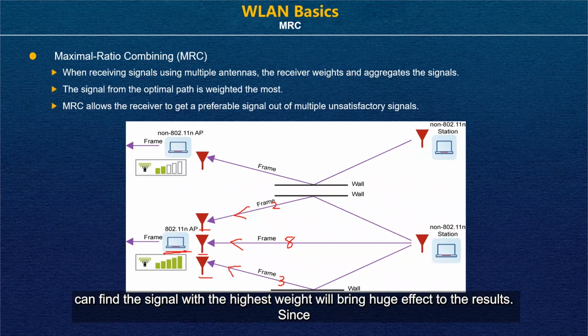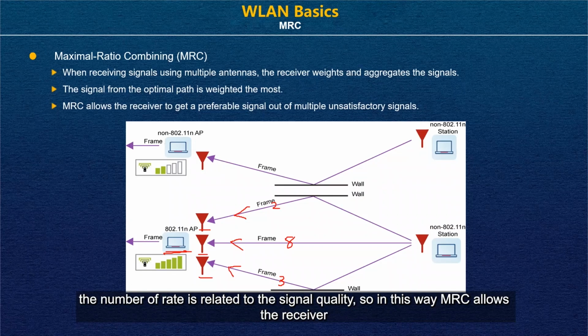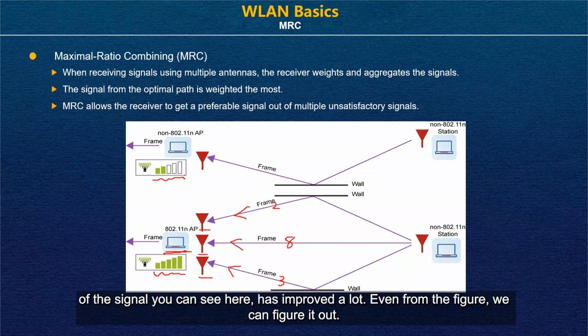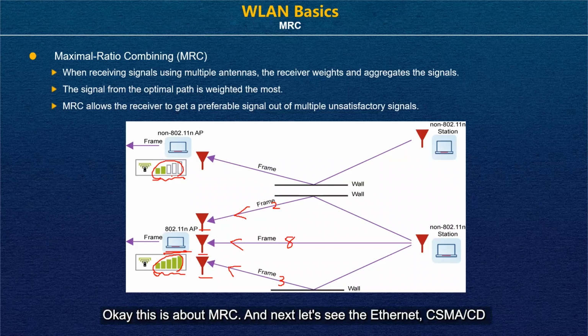So since the rate is related to the signal quality, in this way, MRC allows the receiver to get a preferable signal out of multiple unsatisfactory signals. And after MRC, the quality of the signal, you can see here, has improved a lot, right? Even from the figure, we can figure it out. Okay, this is about MRC.